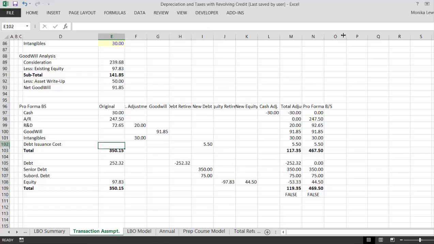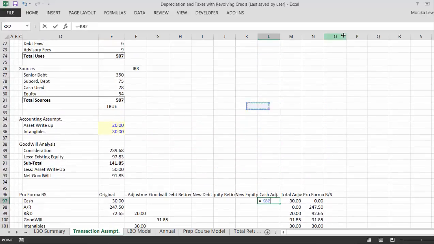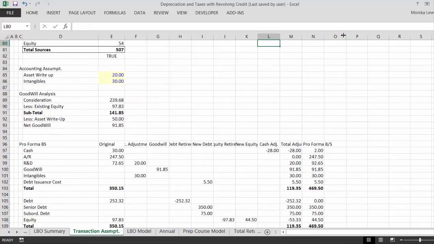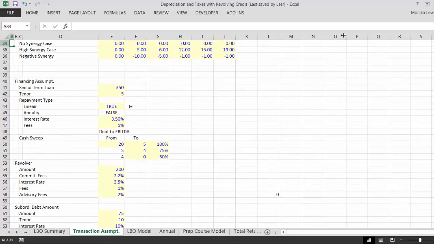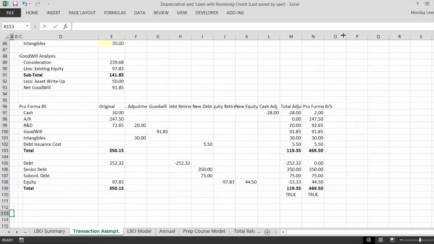Oh, I have to put this a minus. You have to take it straight from the sources and uses of funds statement. Okay? That fixed it. That is a very good illustration of what you have to do. Everything in the pro forma adjustment comes from one of those sheets.